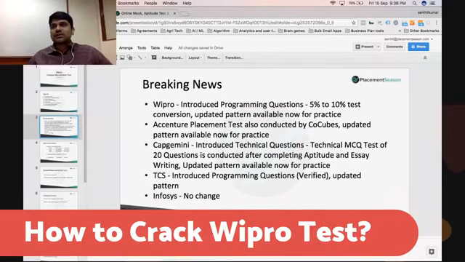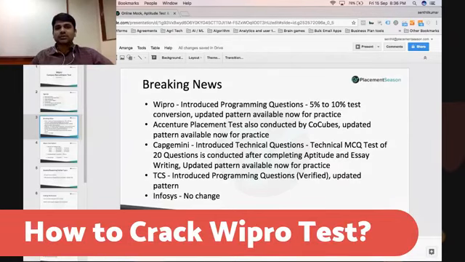Let's quickly see some of the changes in this year's recruitment process at the top IT services companies. Wipro has a new test pattern this year, where they have introduced a coding round, and we are seeing just 5 to 10% test conversions in almost all the institutions Wipro has visited.